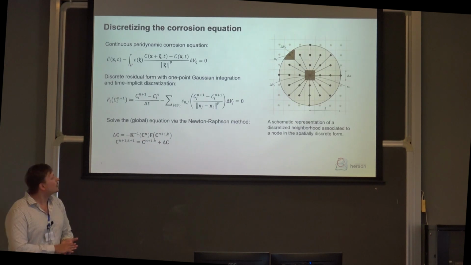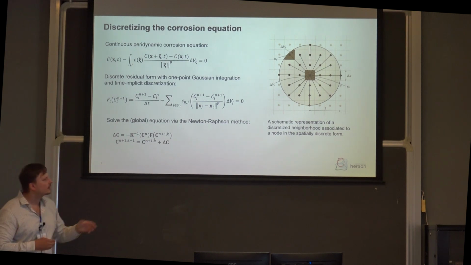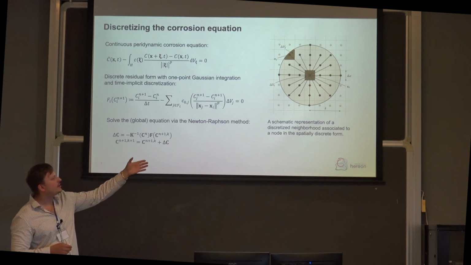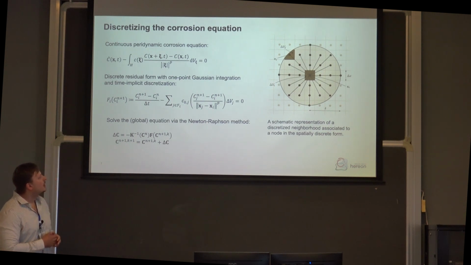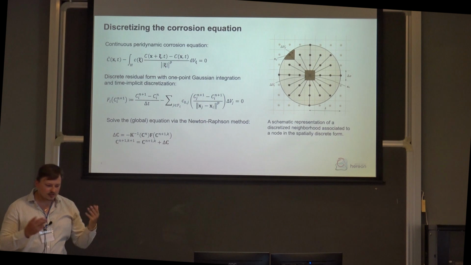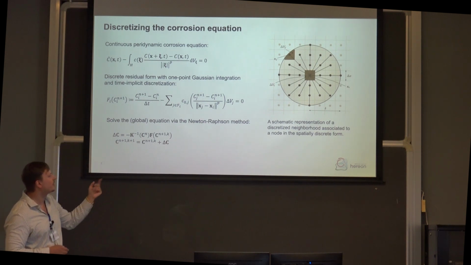And afterwards, the standard procedure of discretization of these equations, we used an implicit approach, utilizing the standard mesh-free method in peridynamics. So this is a summation over a background mesh with a potentially correcting factor for partially covered surfaces, and then solving these equations iteratively via the Newton-Raphson approach.